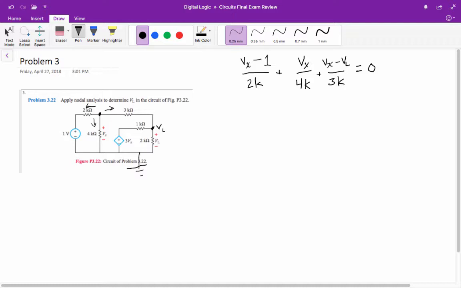Now we'll do our second node, so we've got this current, and this current. And let's start with the top one. Remember, you always start with the node that you're analyzing.